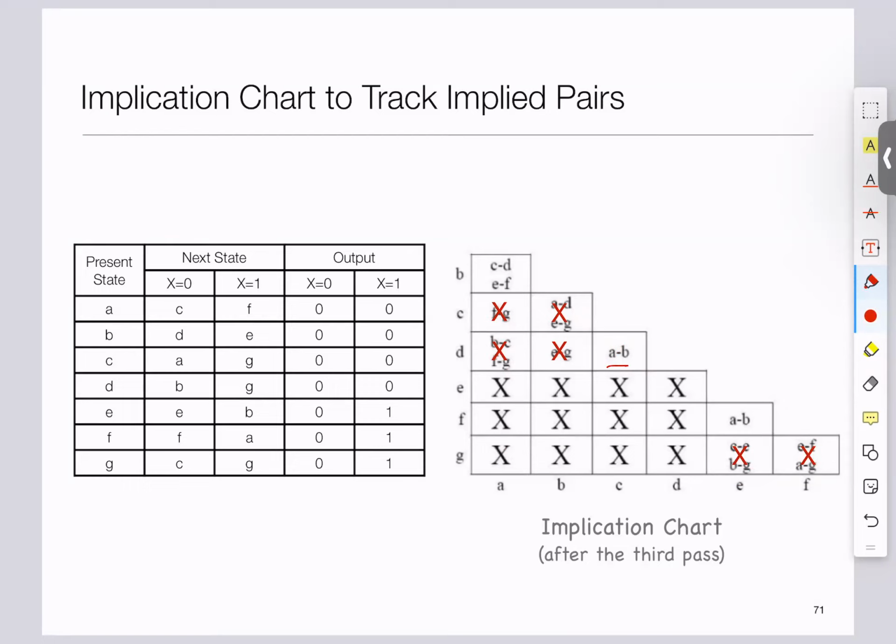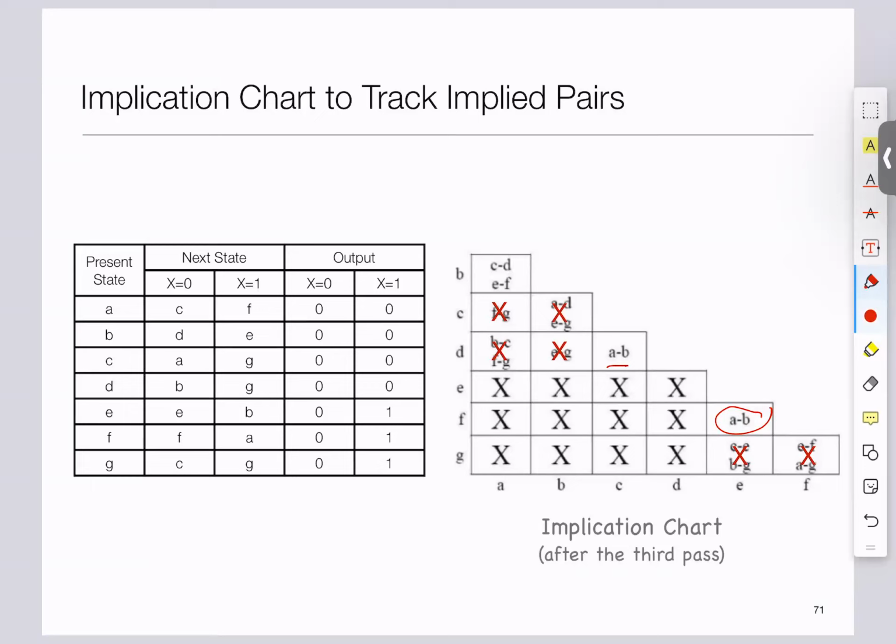So that's good. And then B is equivalent to A if E is equivalent to F, but E is equivalent to F if A and B are equivalent. So now we have a self-consistent system. At this point, we are basically saying E and F are equivalent, C and D are equivalent, and A and B are equivalent.